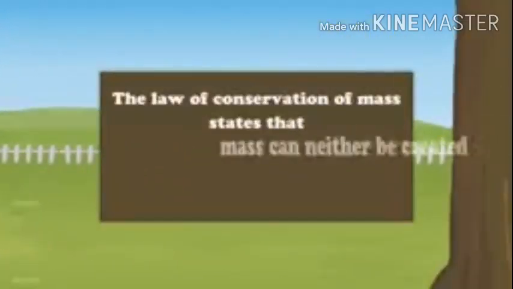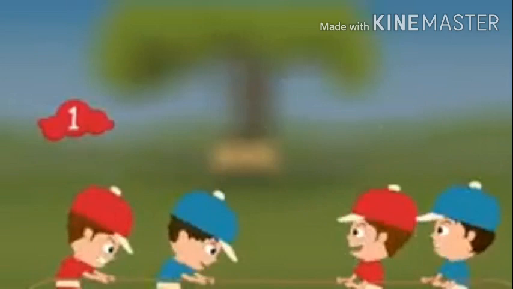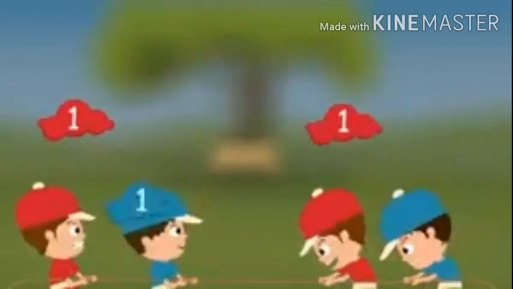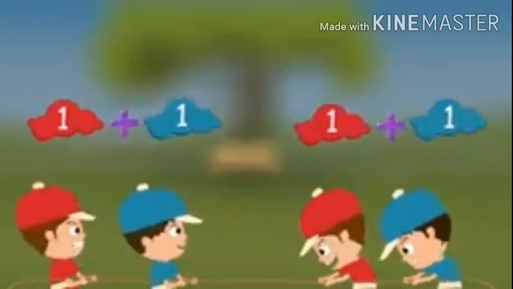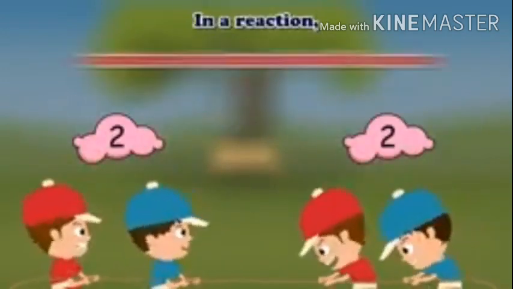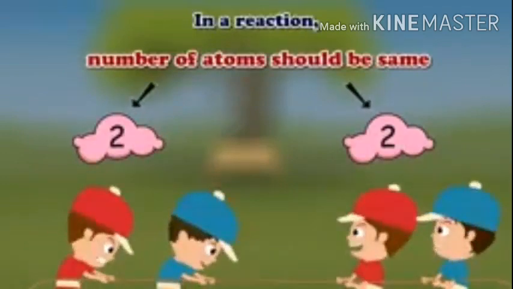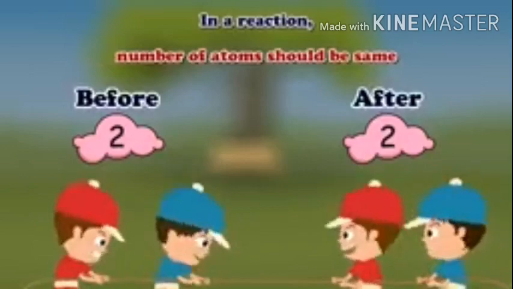In other words, the number of atoms of each element remains the same before and after a chemical reaction. Hence, we need to balance a skeletal chemical equation. They must obey the law of conservation of mass.